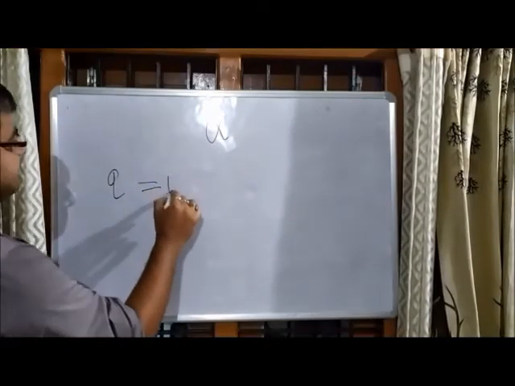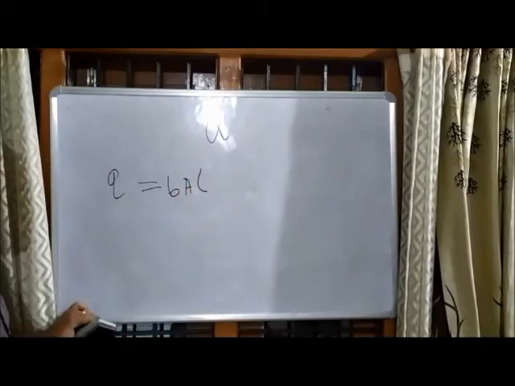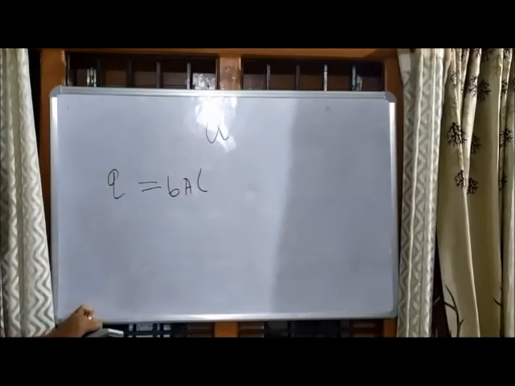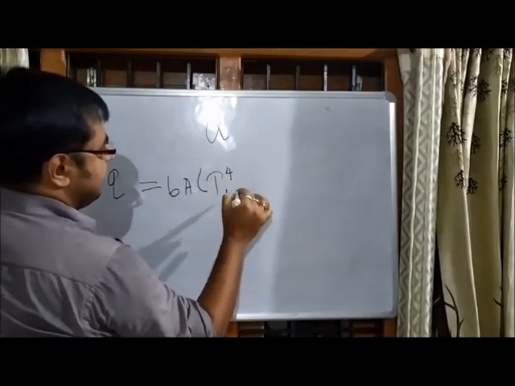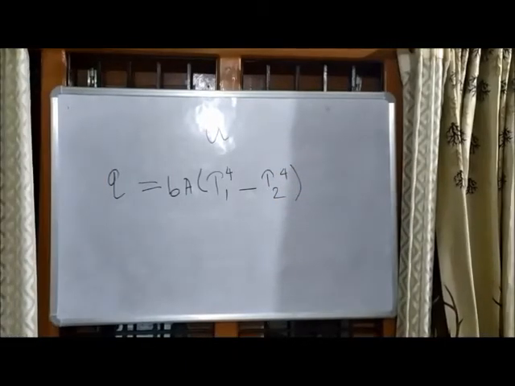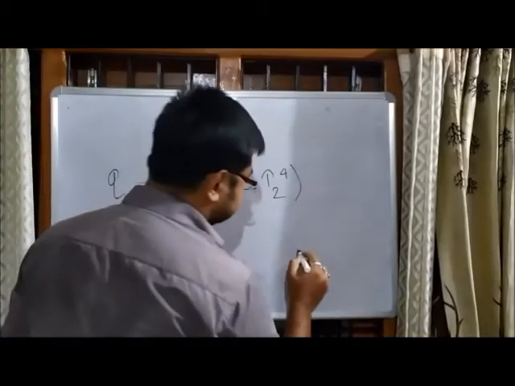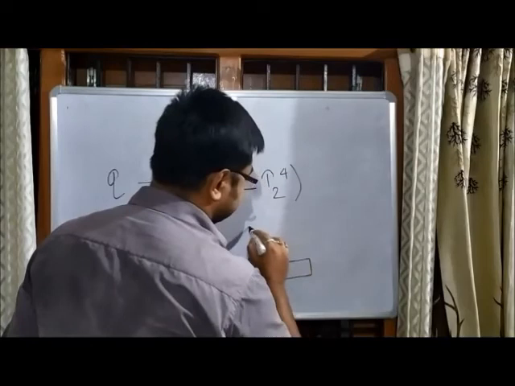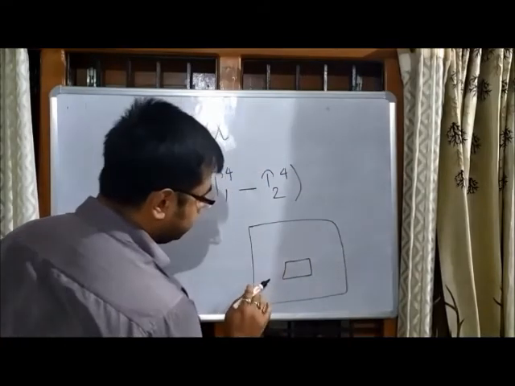The equation for the heat transfer of a gray body can be written as Q equals B A (T1 to the power 4 minus T2 to the power 4). So what are T1 and T2? T1 is the temperature of the hot black body. A gray body is generally arranged in this way. This is a gray body, and this is a black body.